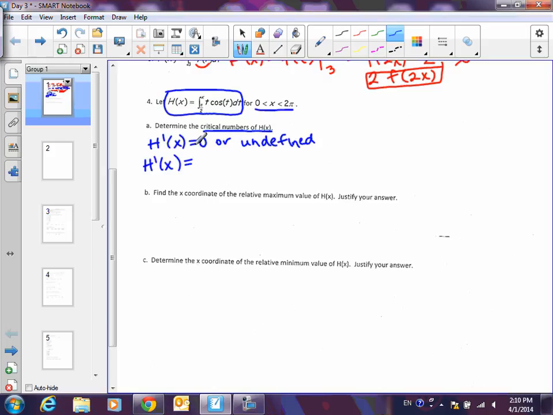So h prime of x, we're taking the derivative of an integral. This is the second fundamental theorem of calculus. This is how it's mixed into another problem. So the t cosine t stays the same, and the x and pi over 2 are my bounds. I'm going to write it below here.